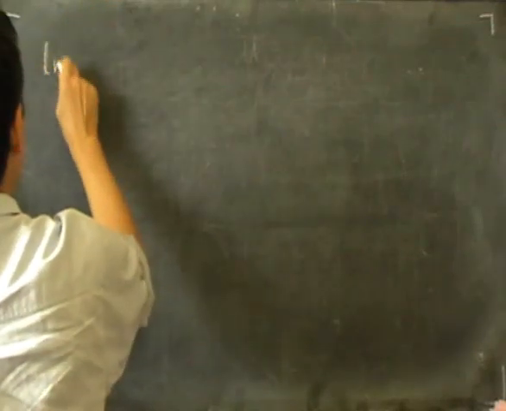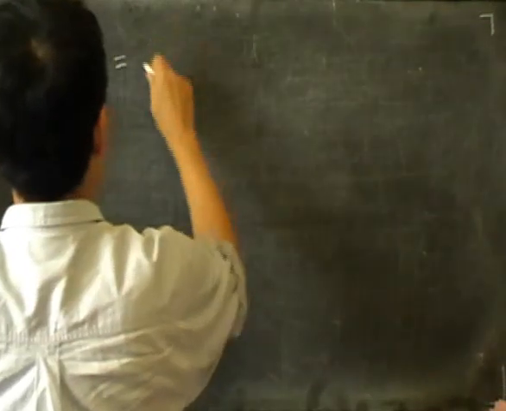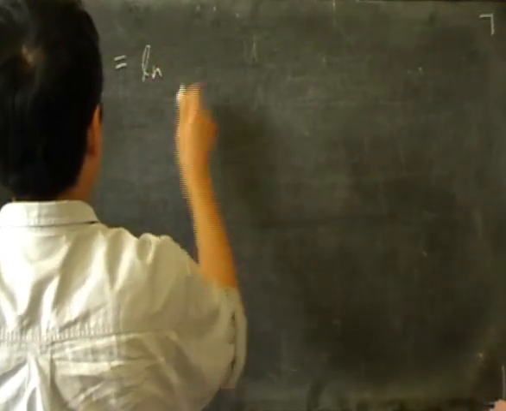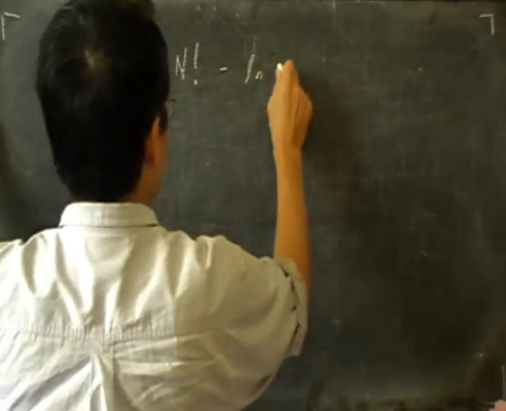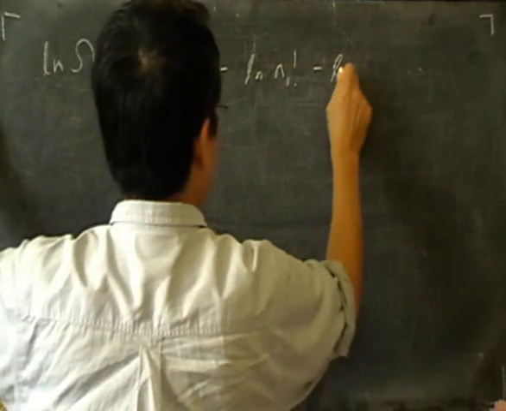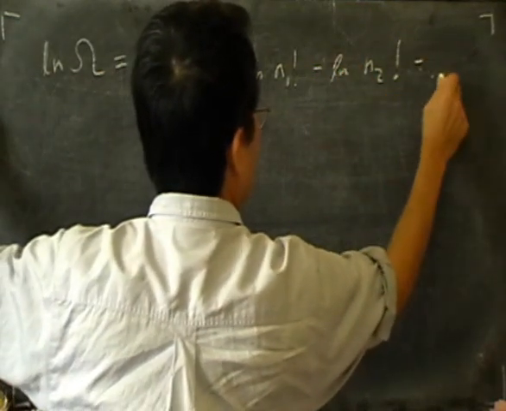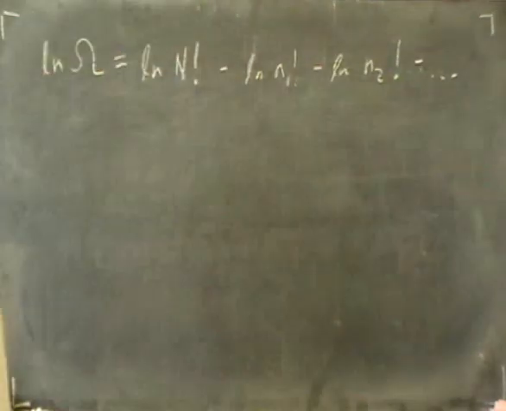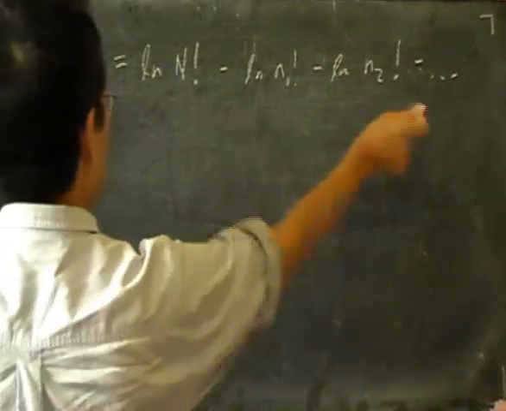Let's look at log of omega. Log of omega is log of n factorial minus log of n1 factorial minus log of n2 factorial dot dot dot. And then let's apply Stirling's approximation to each of these.